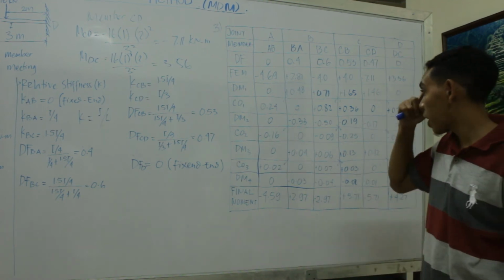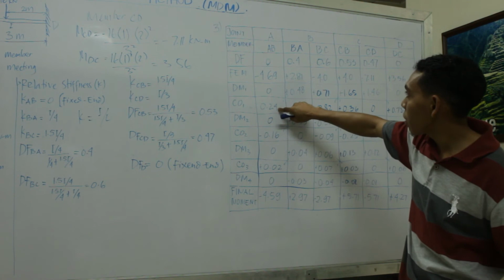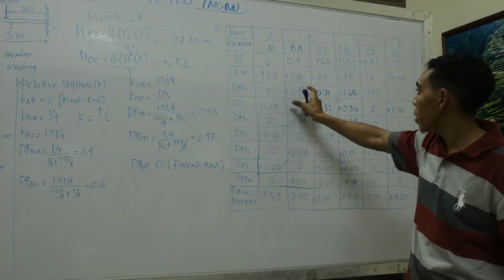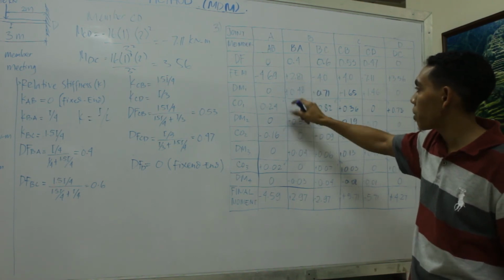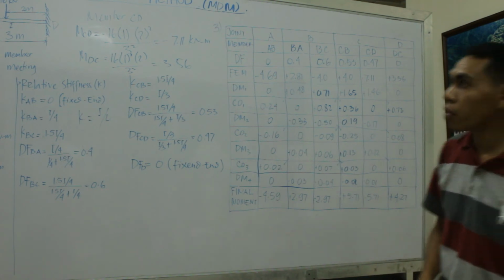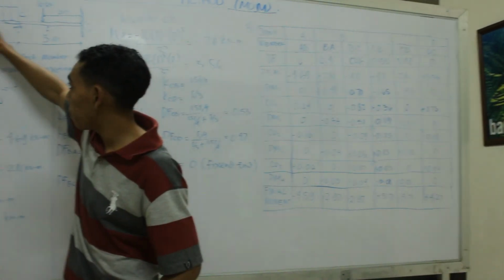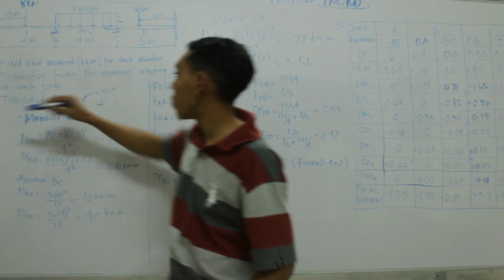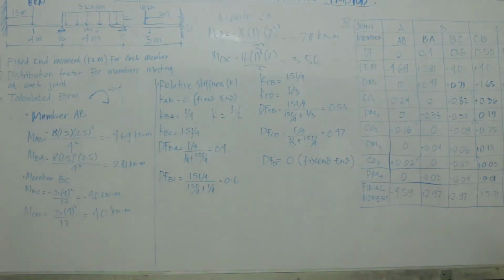And for the carryover, at member AB, because the carryover factor is one half, because this one is a pin connection, this one is a fixed end, so we can do the carryover.